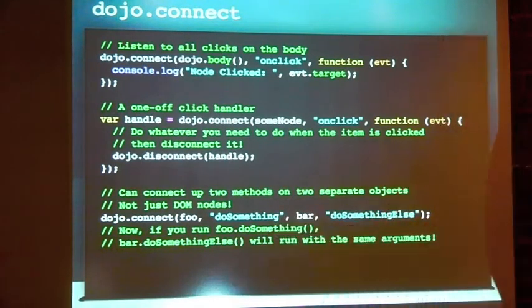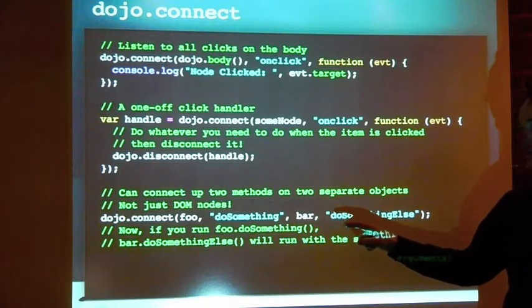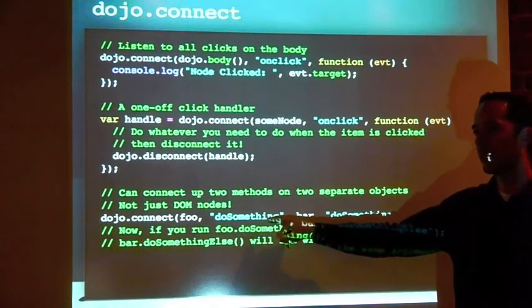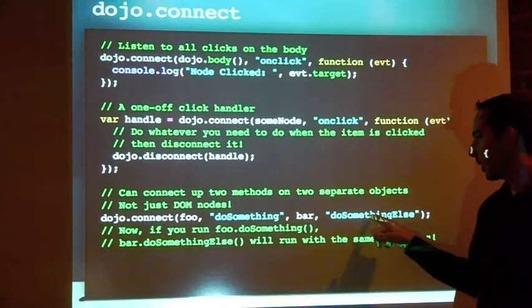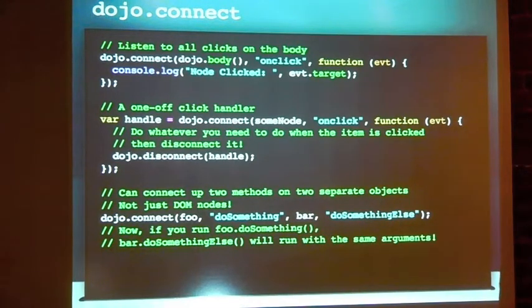As opposed to the return value? Does foo's do something pass its return value to bar? No, whatever do something was called with, if it was called with something, then it'll be passed to do something else. Oh, okay. So it could be any object that just hops the fence and then all of a sudden it's inside of that new space.